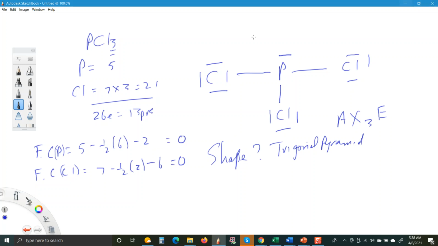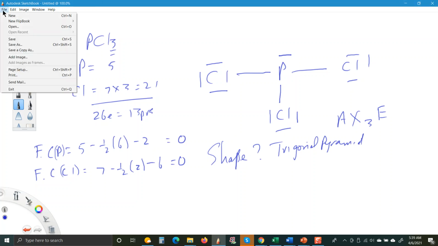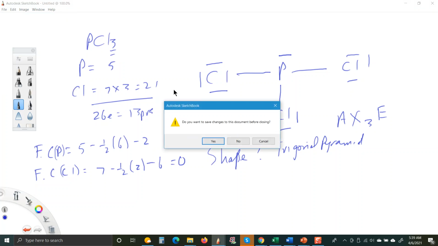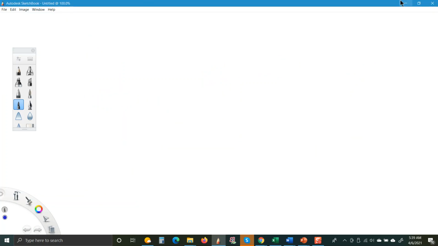Let me do another example. I think this is the example I did in class, or one example I did in class. So we count up the valence electrons. Carbon would be 4, oxygen would be 6, chlorine would be 7 times 2, so that's 14.